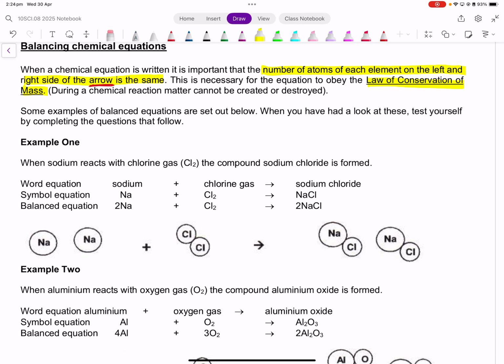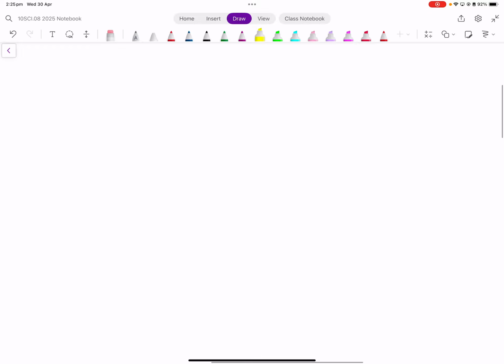So we've got some examples, and we're going to do them step by step together. So we're going to look at sodium and chlorine together. On your whiteboard in front of you right now, can I get you to erase, first of all, anything that you've been doing, like any dot paintings or anything like that?